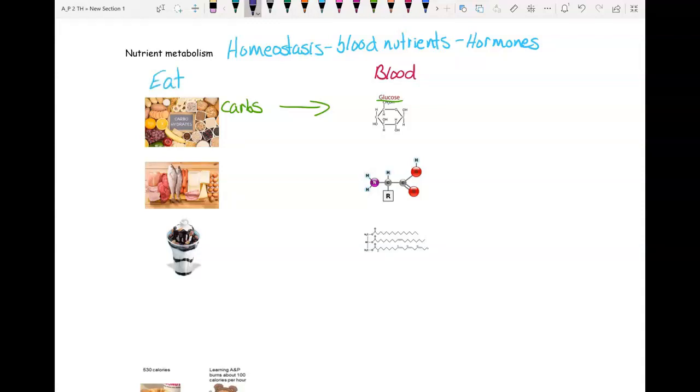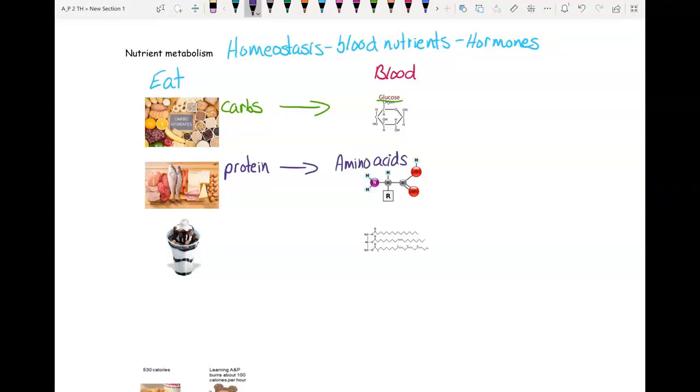The next one, this food group, represents proteins. Right? Meats, eggs, cheese, so on. Those are all good sources of protein. When you eat protein, you get amino acids. So your digestive system breaks protein down into amino acids.